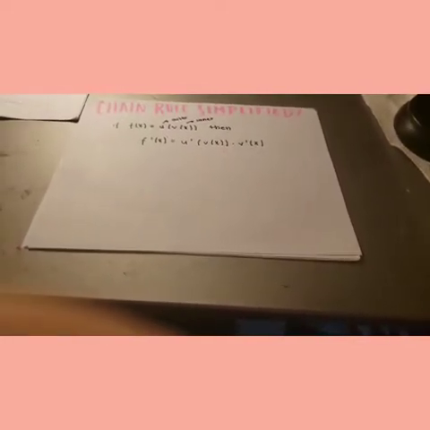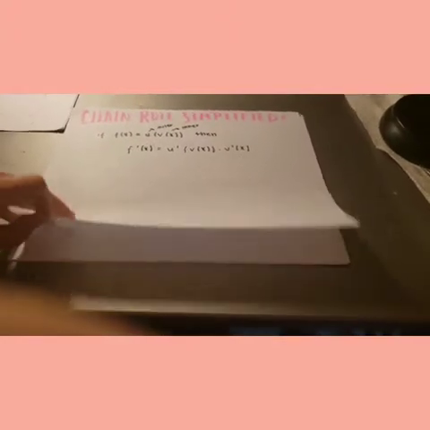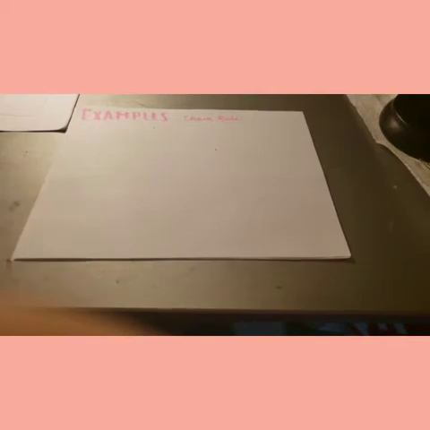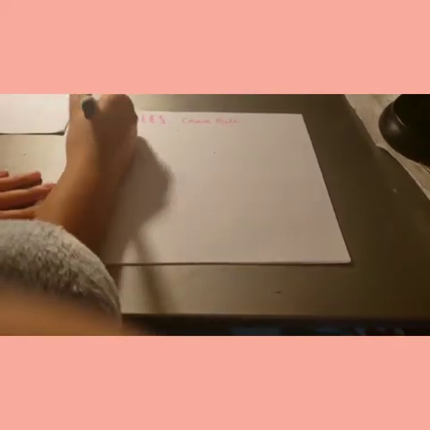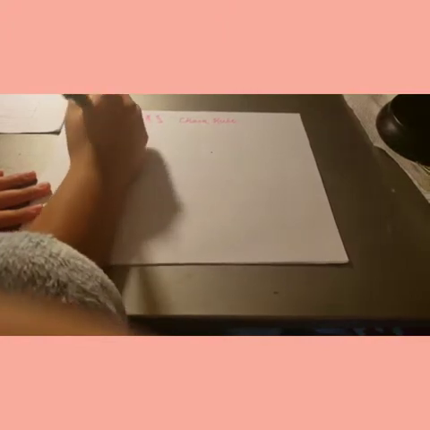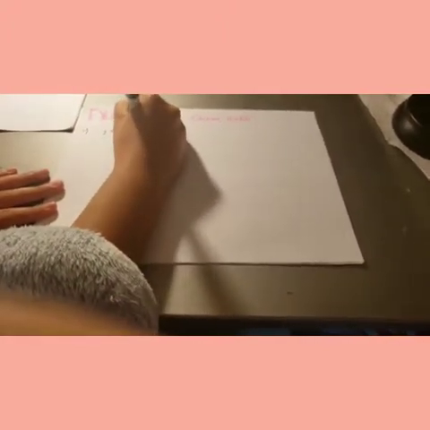So now that we understand the basic concepts of the chain rule, we're going to start by doing an easier example and then go into a more advanced example of the chain rule. So the first problem is y equals sine 3x.